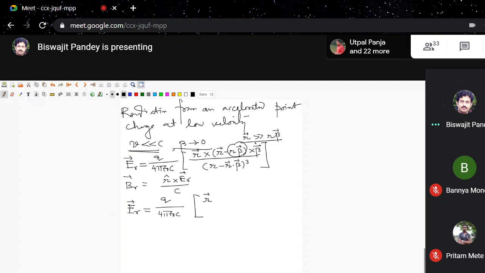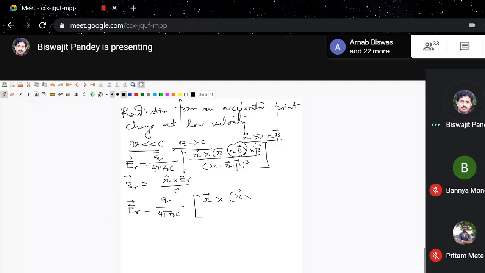So R cross, see, these two are inside the bracket because the second term and third term came together. If you remember how this term appeared, the second term and third term appeared together, and then a cross product was taken with the first term. So it will be R cross. Otherwise, you get confused that R cross R is 0.